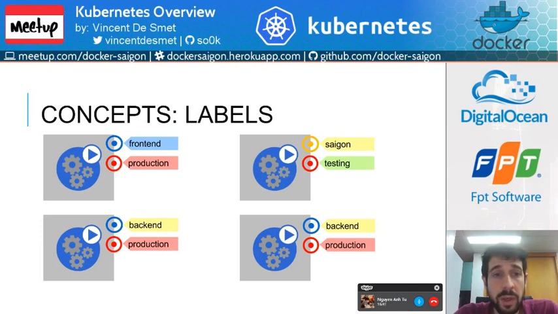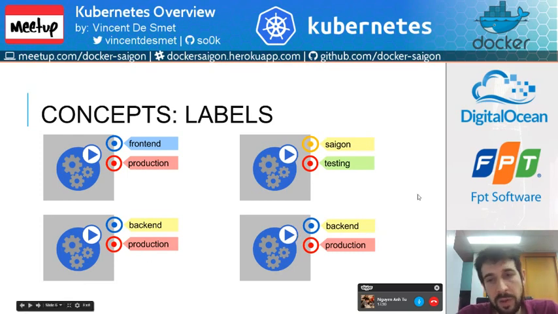So there can be a key called the type of service, like the role, which may be front end, or the stage, which may be production. For example, we have here a couple of pods. The first one has a label called role front end and the label production. I'm not sure if this is, yes, it's clear. And we have a couple of other pods, each of them with different labels.